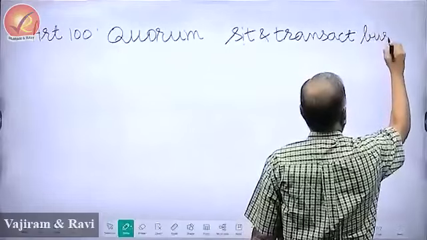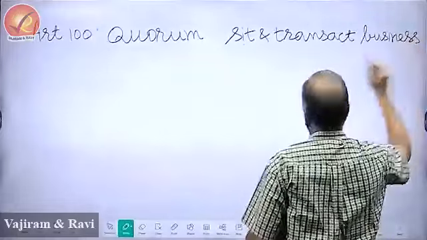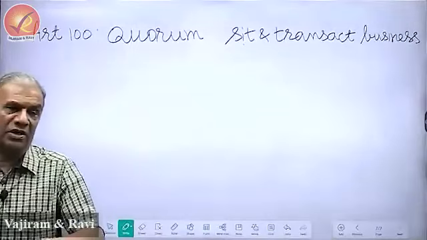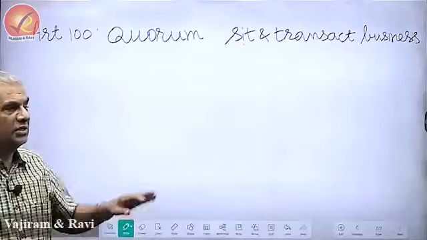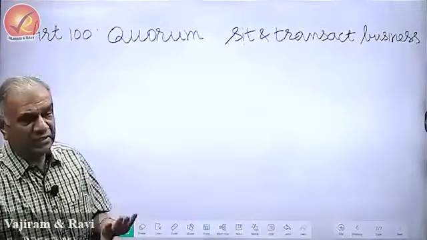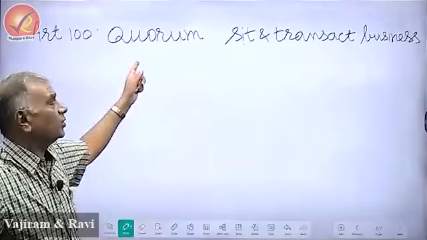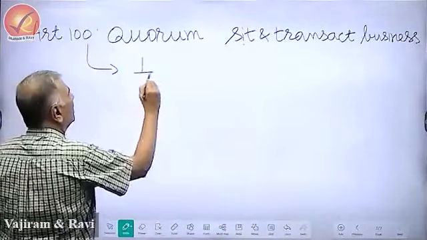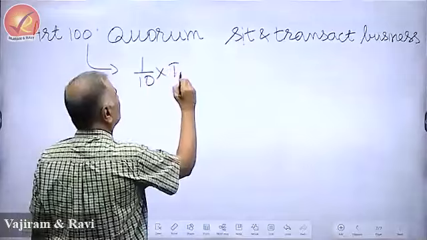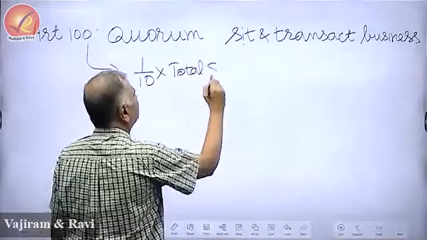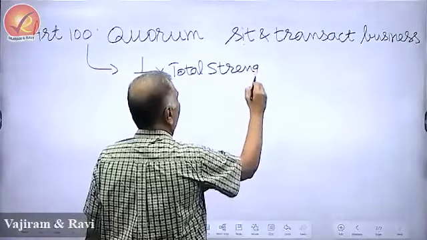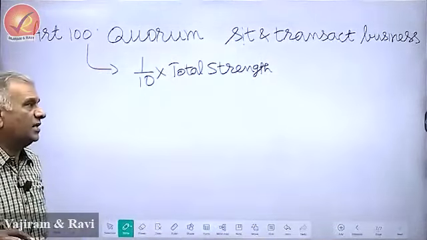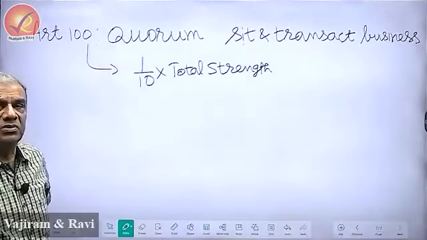In order that the House can sit and do business, the business of debate, deliberations, discussions, passing of bills, resolutions, motions, this type of official business can be done by the Parliament only if the quorum is met. And under Article 100, the quorum is not less than 1/10 of the total strength of the House.